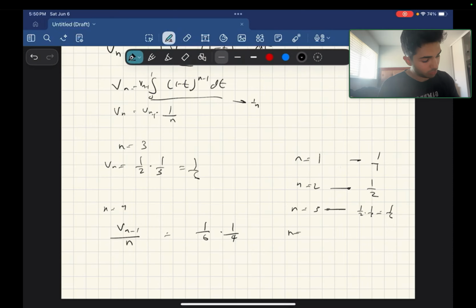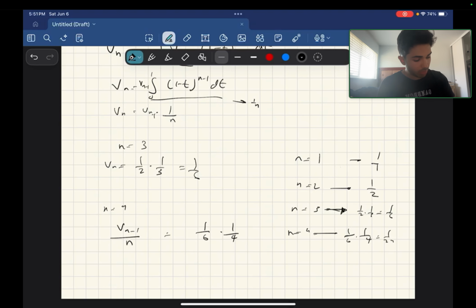N equals 4, we had 1/6 times 1/4, it's 1 over 24, and so on. We're going to get some sort of factorial thing where each term is previously a factorial type and then times 1 over the next integer.